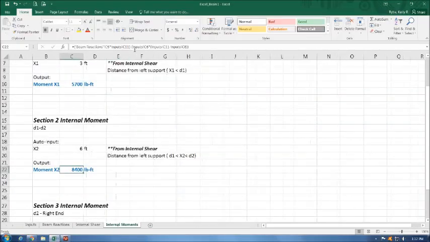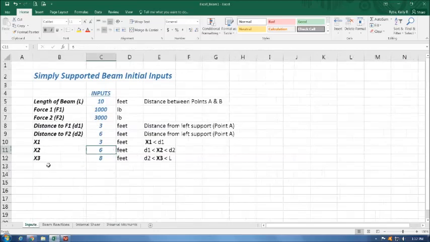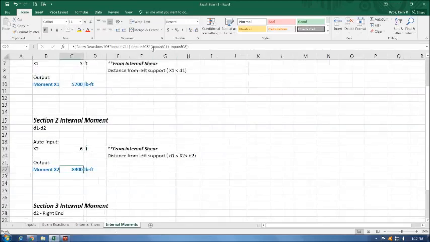Then continuing on, I'm going to subtract off input C6. Input C6 is going to be the force number 1, the 1,000 pounds, and then it's going to be times, you'll notice I start a new parentheses here, my input C11, which is my X2, minus input C8, which was D1.